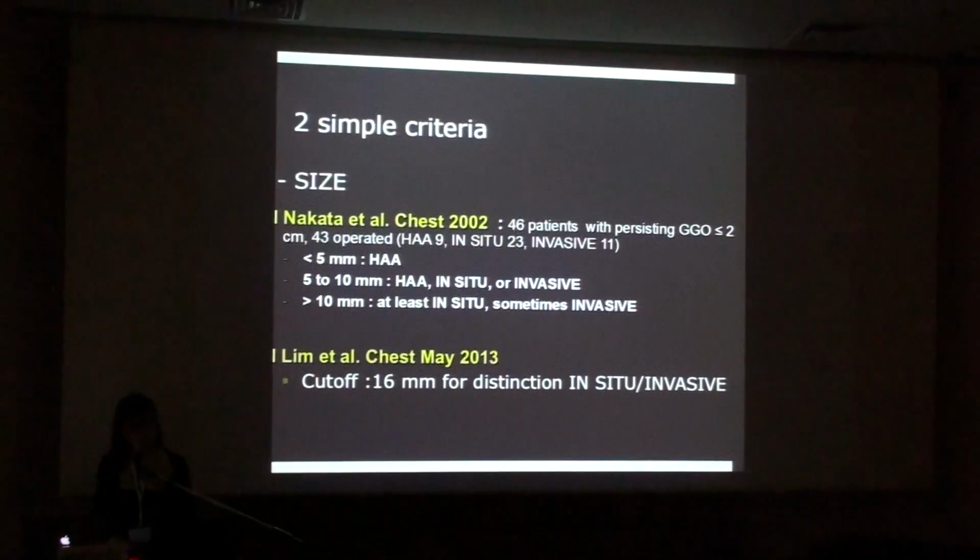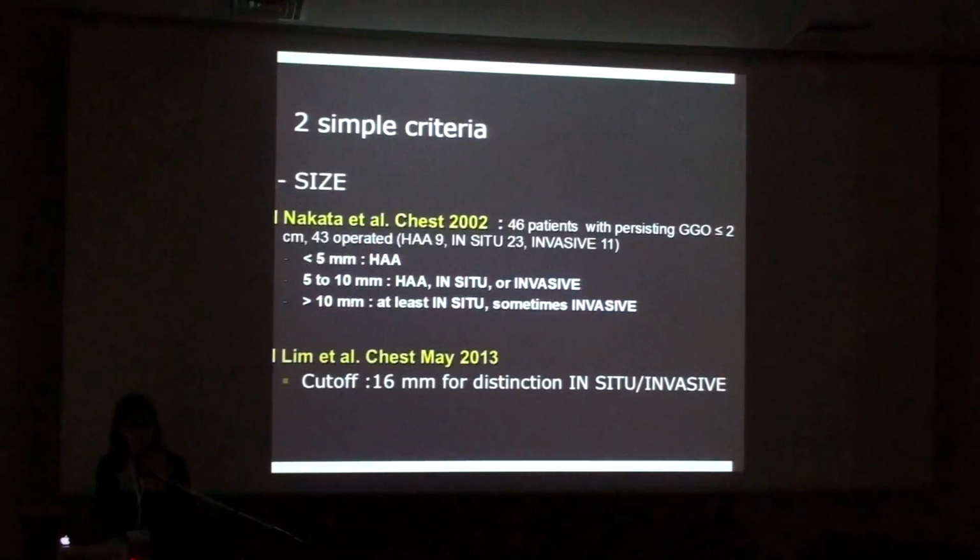What he reported is that above 1 centimeter, a persisting subsolid nodule is at least in situ carcinoma. And the second paper I would like you to remember is this recent paper from Dr. Lim, who suggested a cutoff value of 16 millimeters for differentiating in situ from invasive adenocarcinoma for pure ground glass nodules.